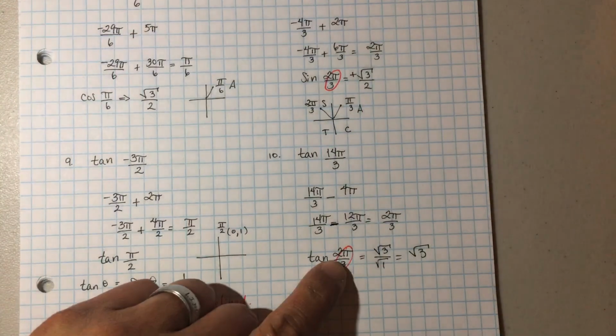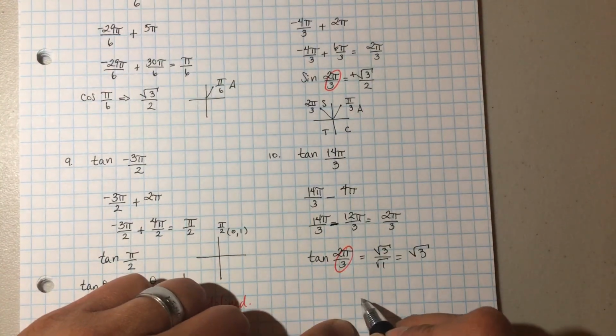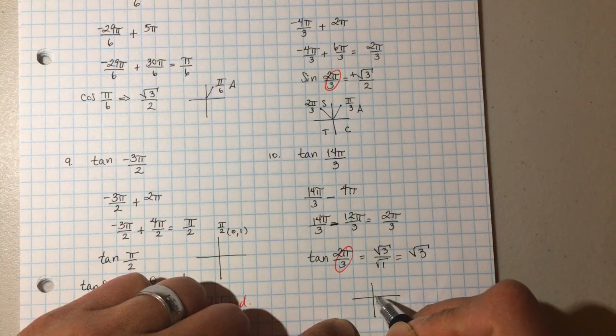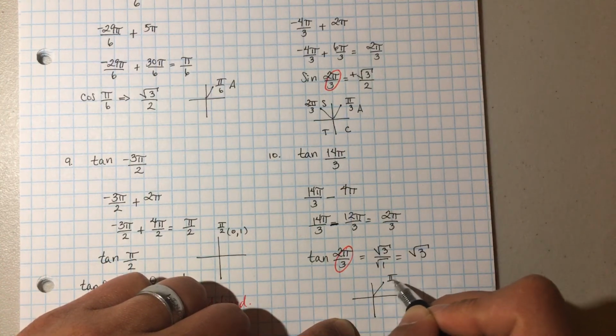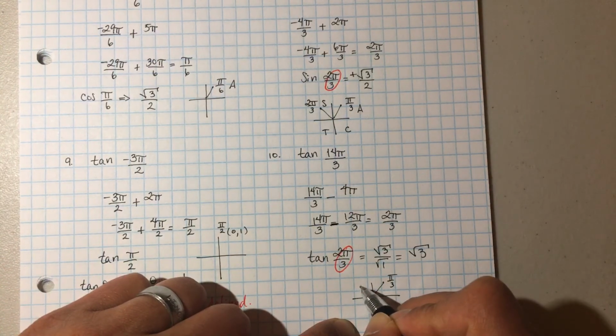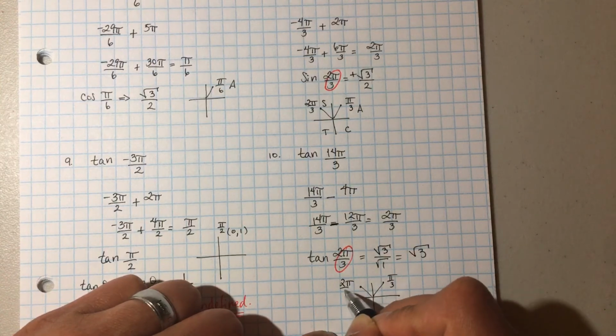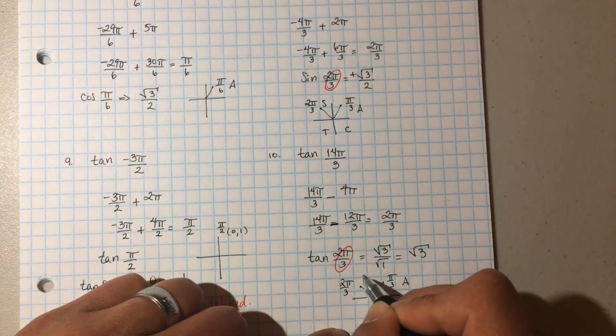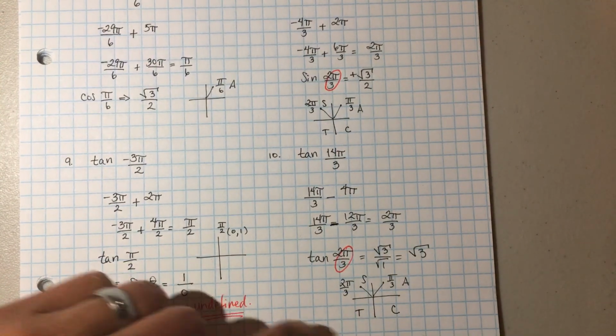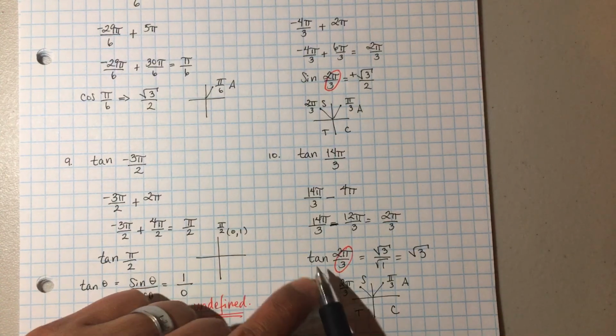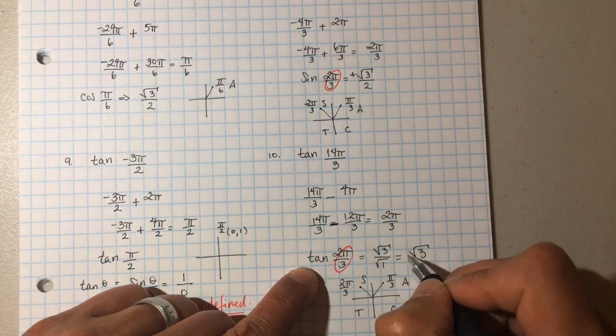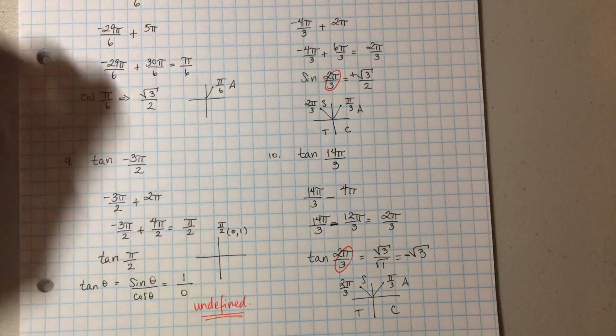Cool. Now, where is 2 pi over 3? Because we've got to figure out, is it positive or negative? Pi over 3 is over here. 3 take away 1 is 2, so 2 pi over 3 is over here. All Students Take Calculus. Over here, sine is positive. Is that sine? No, it's not. So therefore, it is negative.